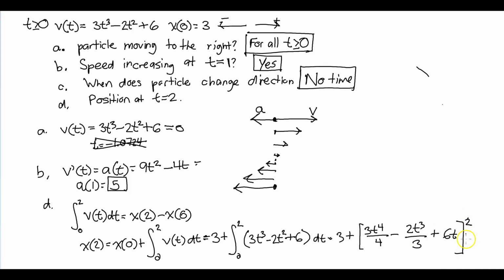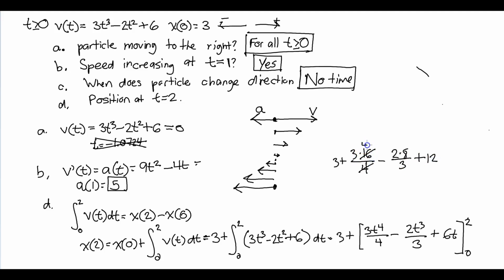This expression is 0 when t equals 0, so we only need to evaluate it at t equals 2. So you have 3 plus 3 times 16 over 4 minus 2 times 8 over 3 plus 12.